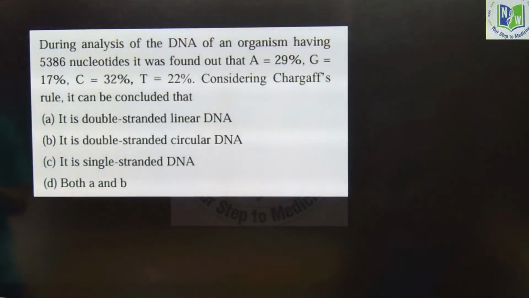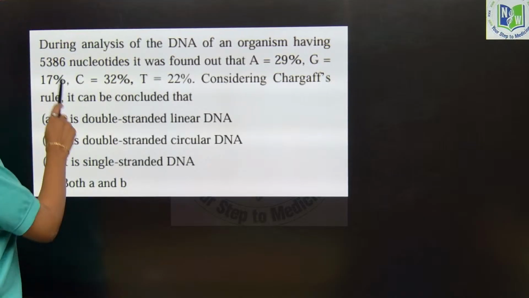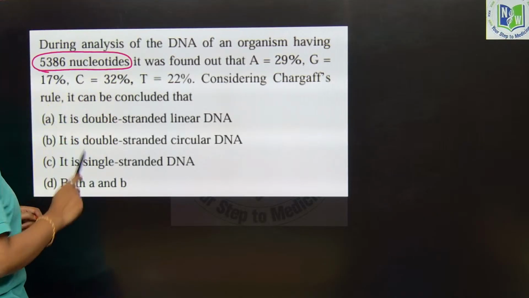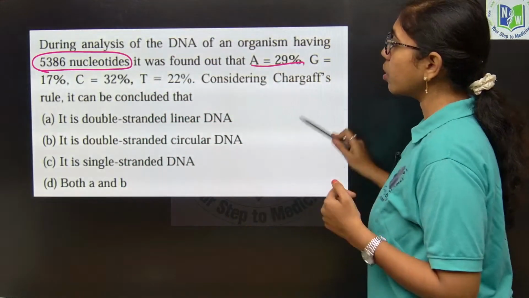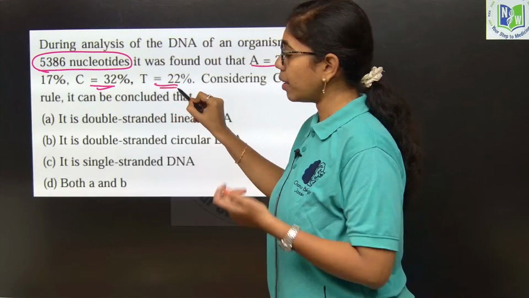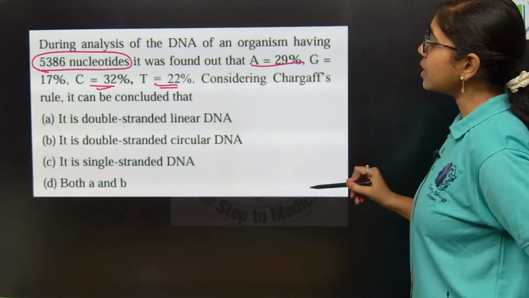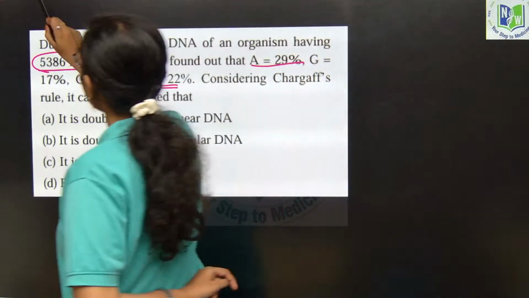Next question. During analysis of DNA of an organism having 5386 nucleotides, it was found out that adenine is 29%, guanine is 17%, cytosine is 32%, thymine is 22%. Considering Chargaff's rule, it can be concluded that... So what can we conclude?